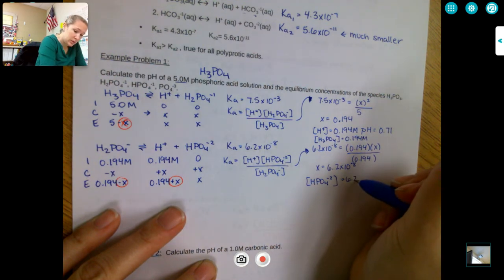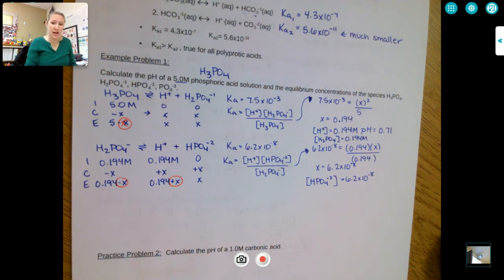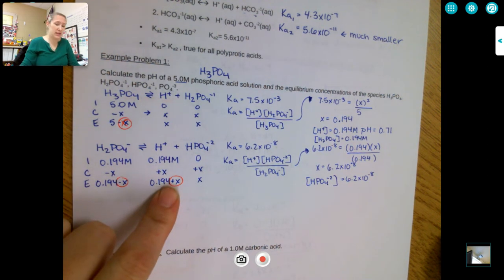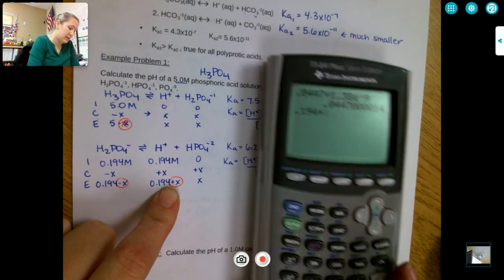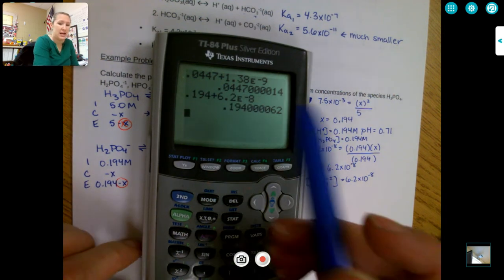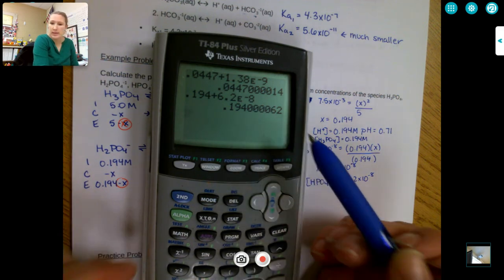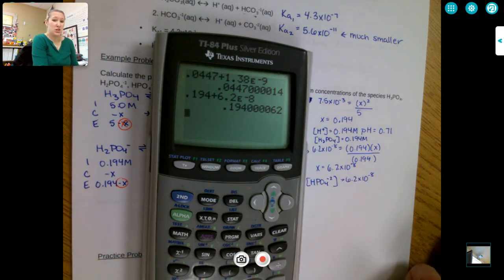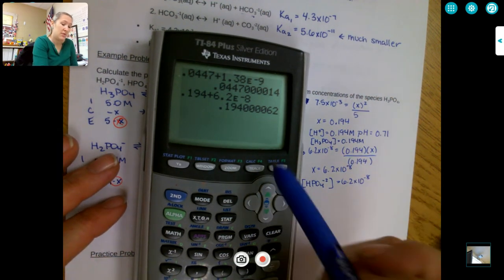So this one, 6.2 times 10 to the negative 8. So that's the change in X. If I were to plug that in here, my 0.194 plus 6.2 times 10 to the minus 8. Again, 0.194, 0.00062. So it really doesn't seem to make a change in terms of concentration. What about pH though? Because that is the concentration of hydrogen ions.